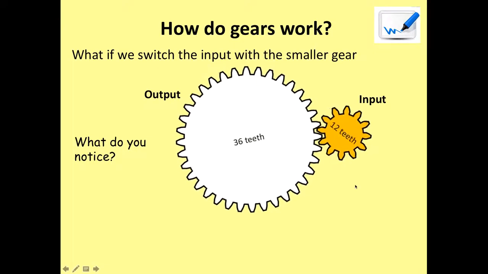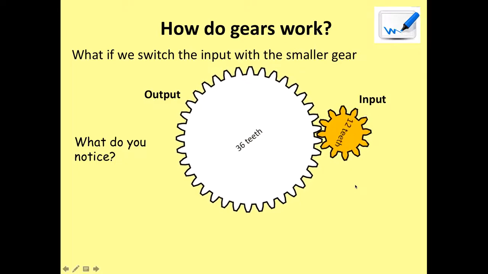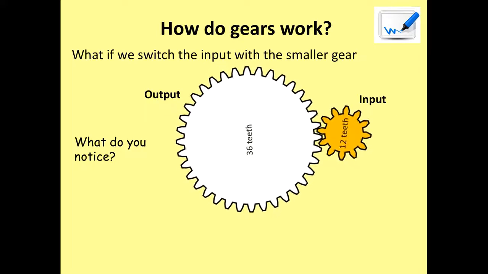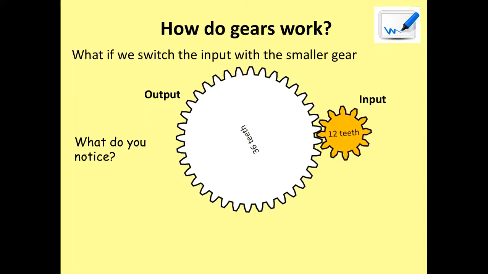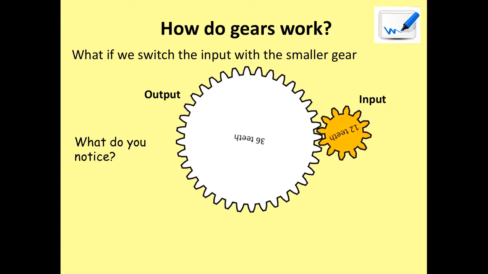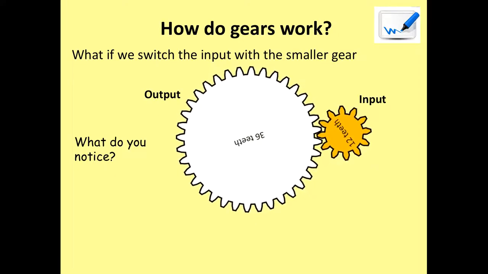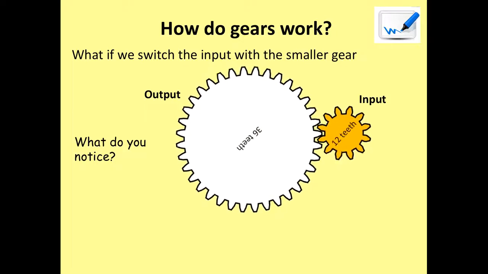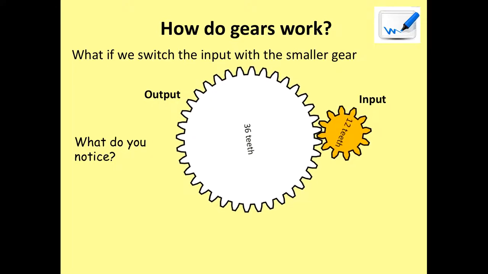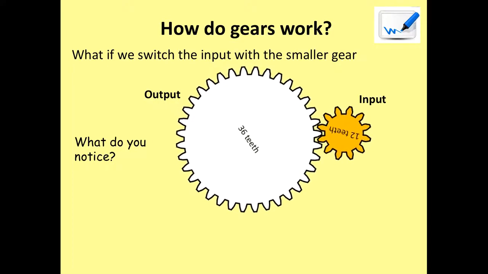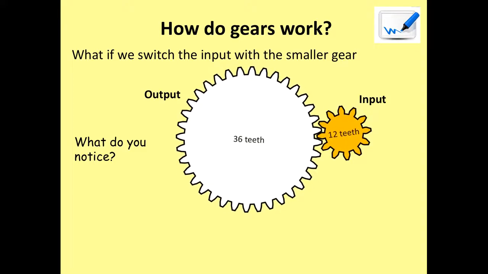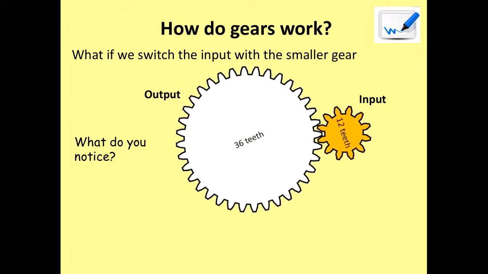Here then, we have an input 12-tooth gear to an output 36-tooth gear. And you can see, apart from the fact that the direction of rotation is reversed, that the 36-tooth gear is turning much more slowly. If you were to look carefully, you would see that the 36-tooth gear is turning at 1/3 of the rate of the 12-tooth, or the 12-tooth gear is turning 3 times faster than the 36-tooth gear.